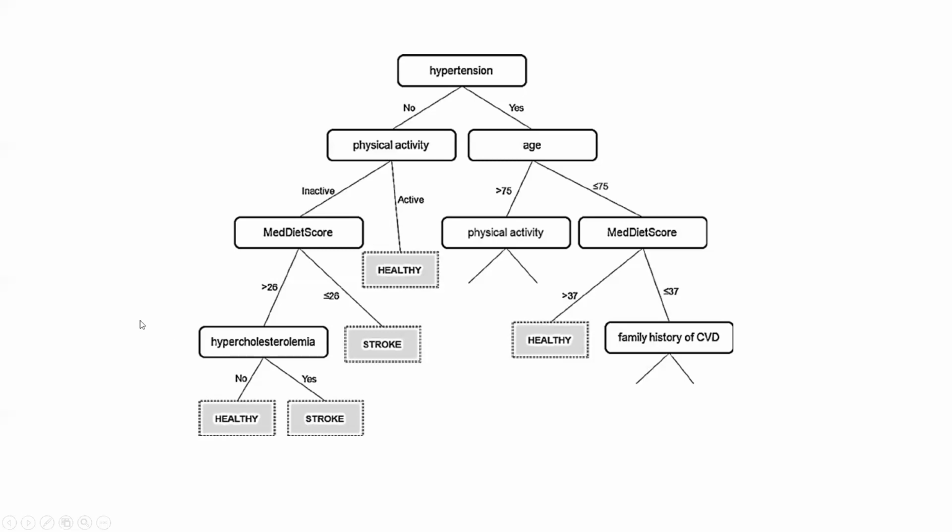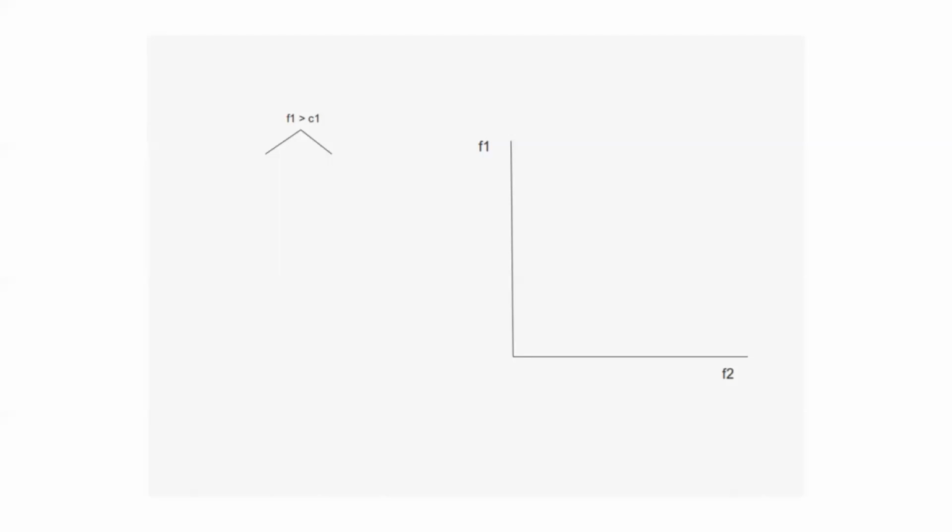And let's just see how this works, because it's not quite as simple as yes, no, healthy or stroke. Let's visualize some data points and how these people answer various questions and where they end up. And we can see how we can arrive at these decision boundaries. So this is what the feature space will look like. On the left, we are starting off our decision tree.